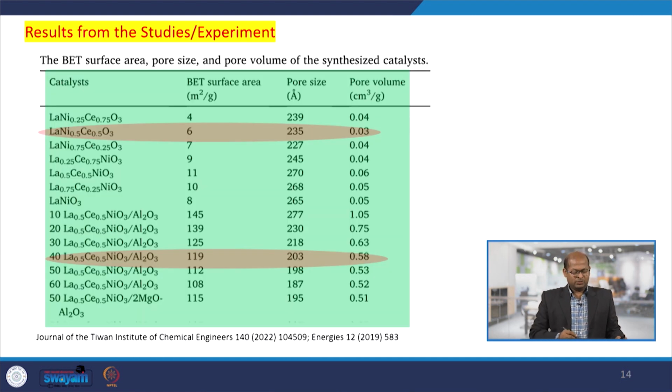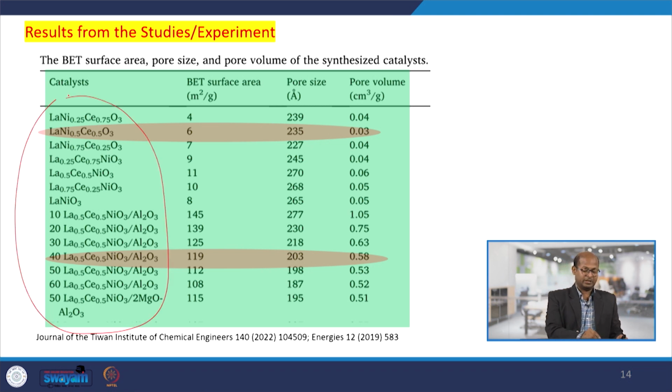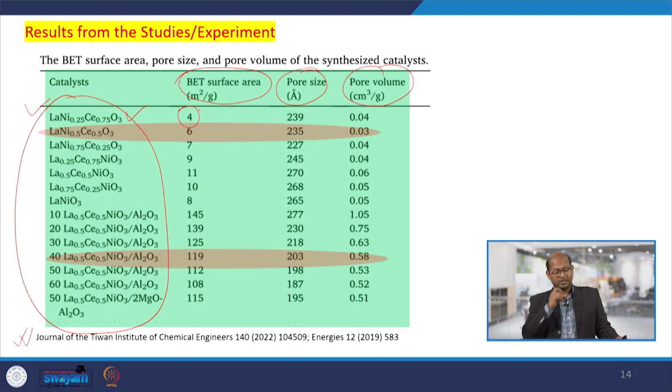Now with the help of these experimental setups, let us say so many catalysts I have taken from these articles. These are the catalysts they have taken, and the BET surface area, pore size and pore volume are reported. In this catalyst you can see the surface area is 4 meter square per gram, pore size was 239 angstroms, and pore volume is 0.04.